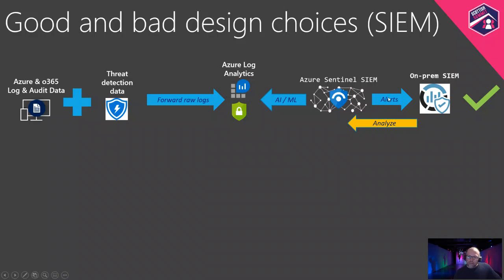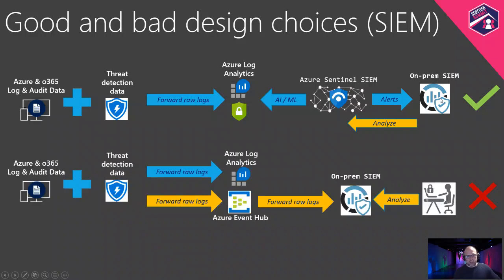And then you can forward alerts into this on-prem SIEM. In this case, it's IBM QRadar, but various other products also have connectors to Azure Sentinel. Then the way is that you only forward alerts or incidents to your on-prem SIEM to have a holistic view on-premise.